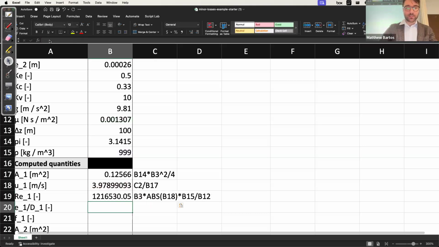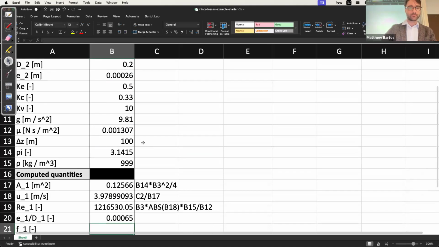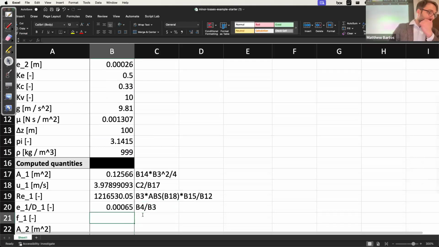Okay, E1 over D1. This is just E1 divided by D1, so that's cell B4 divided by B3. And the friction factor: for this, I'm going to use Swamee-Jain because we don't want to deal with two different Colebrook-White equations to solve.